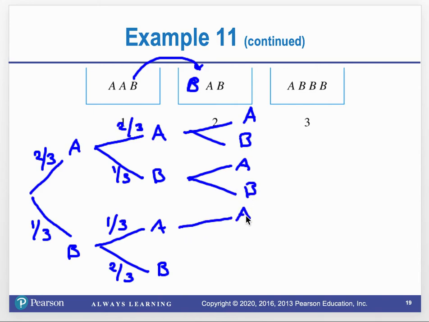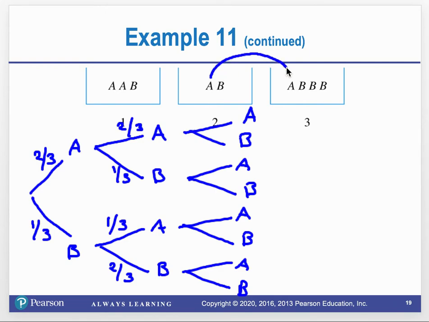Starting with this one, if I would have moved an A into this box, and then I reach in that box after putting an A in there, there's a 2 out of 5 chance that I'm going to get an A, and a 3 out of 5 chance I'm going to get a B. Since here's another option where I've put the A in, I'm going to fill these probabilities in also, just to save time.